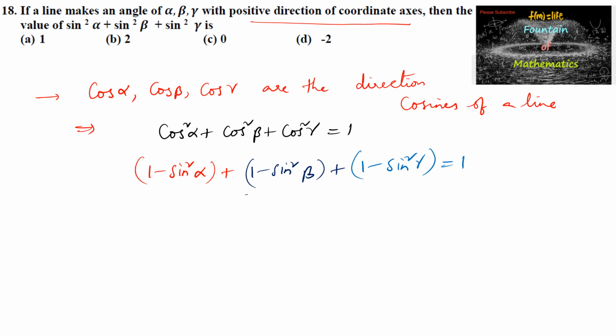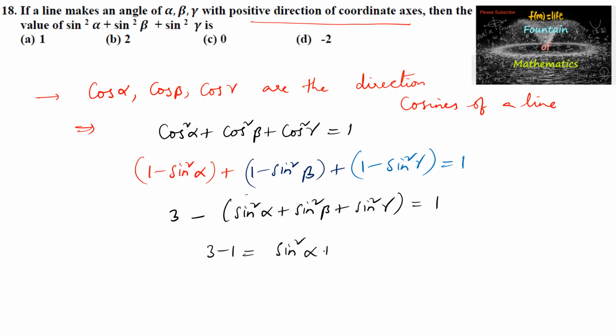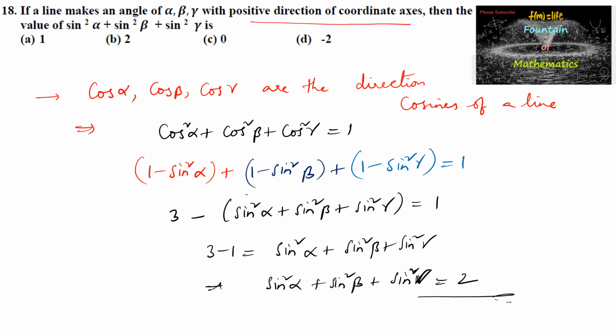So we can write 1 plus 1 plus 1, that is 3, minus sine square alpha plus sine square beta plus sine square gamma is equal to 1, or 3 minus 1 is equal to sine square alpha plus sine square beta plus sine square gamma. So the sum is 3 minus 1, which is 2. So we can go with option 2, which is B.